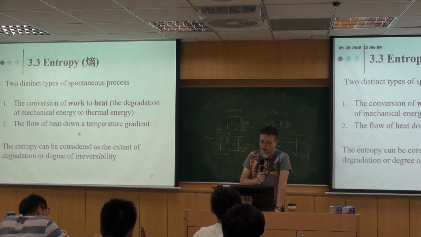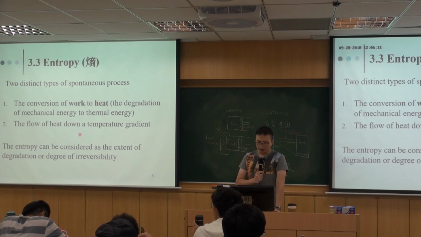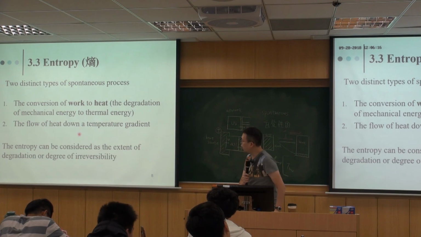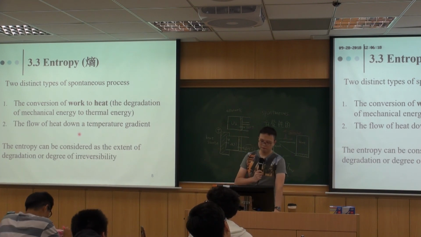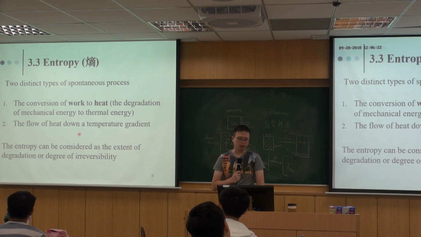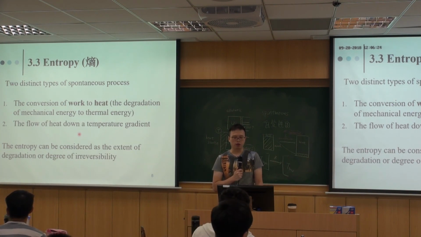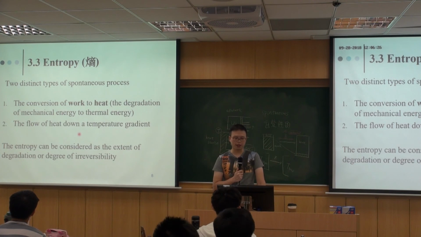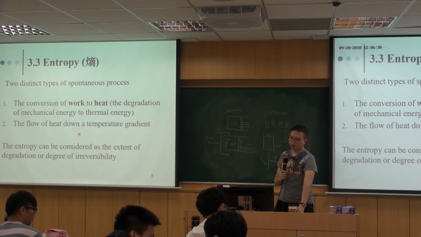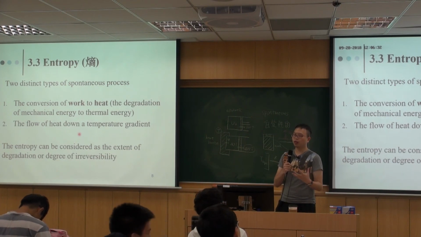And the entropy can be considered as a measure of degradation or the degree of irreversibility. The larger the change of entropy, it means that it's more difficult to reverse the process. Because from the microscopic point of view, the entropy is a measure of randomness, right?